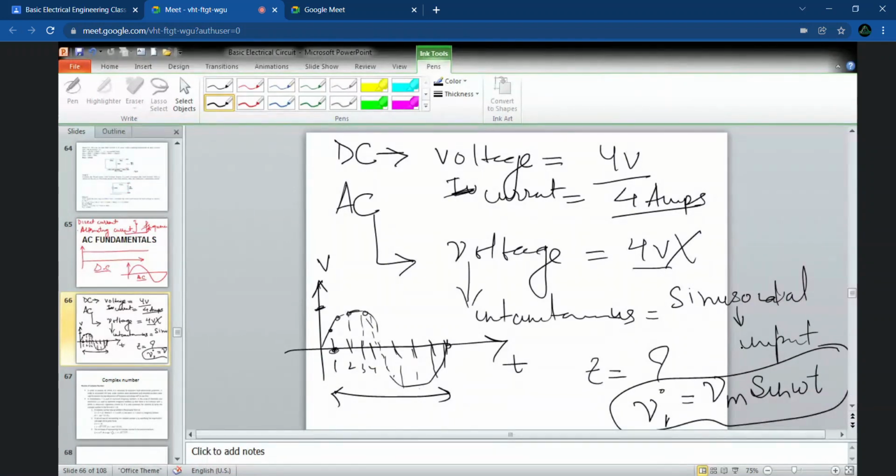We have two components here: Vm, which is the maximum voltage, and there will be sine and omega t, or we can say theta, the parameter with which it is changing.